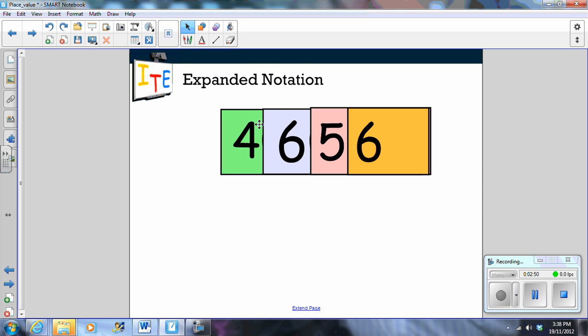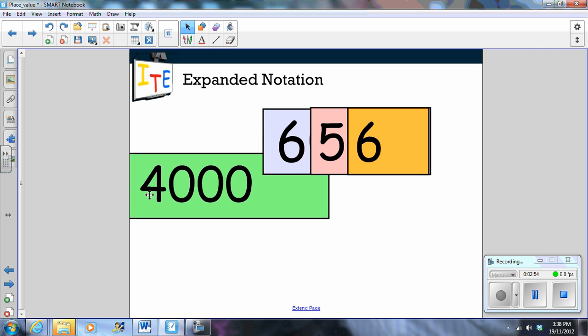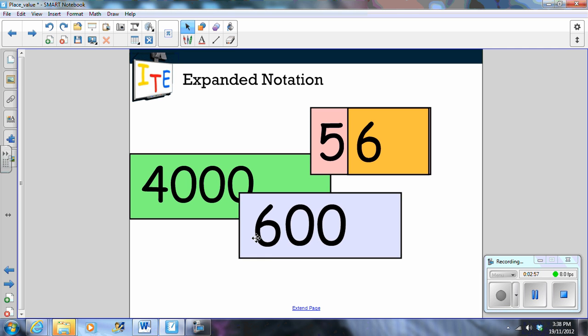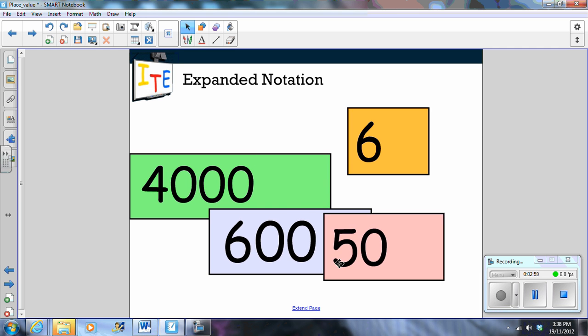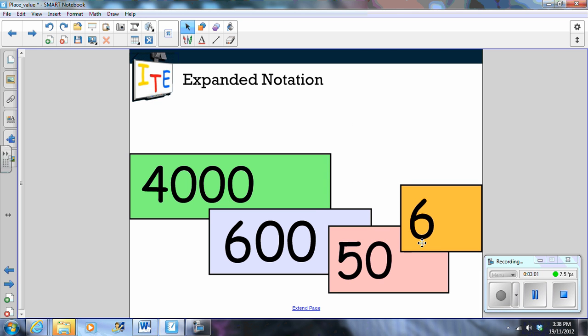Here we have 4,656. Let's expand that. So we have 4,000 plus 600 plus 50, 6.